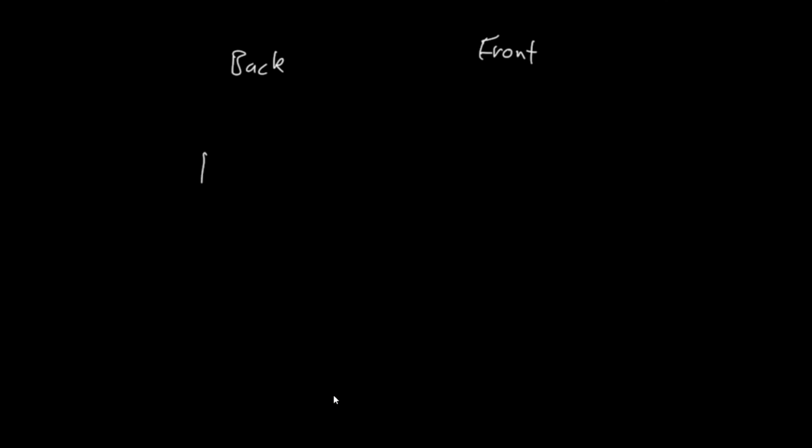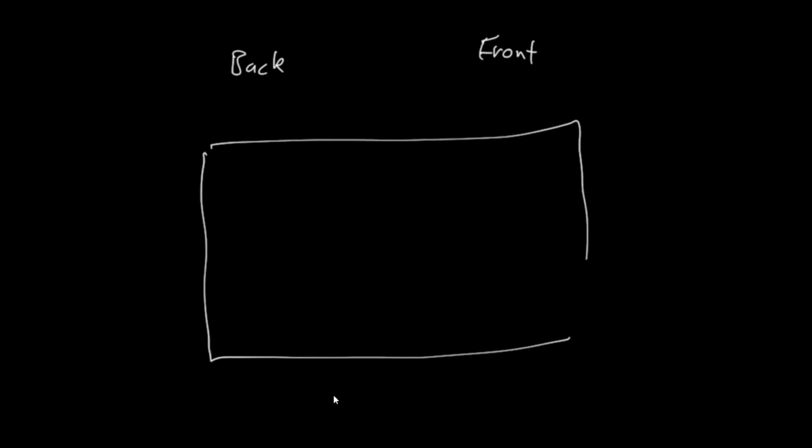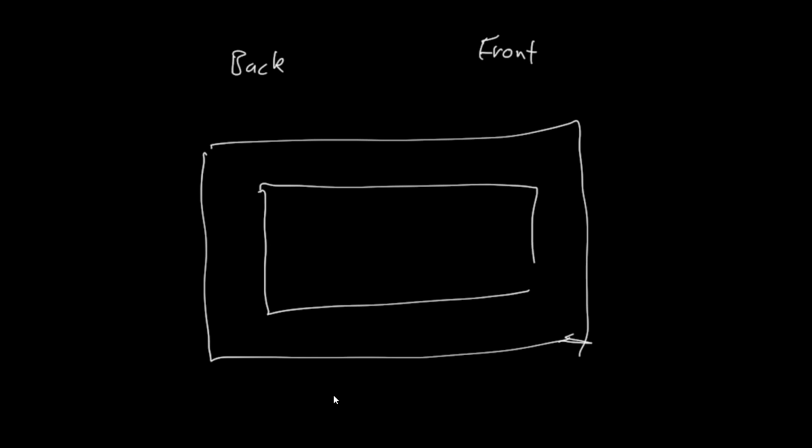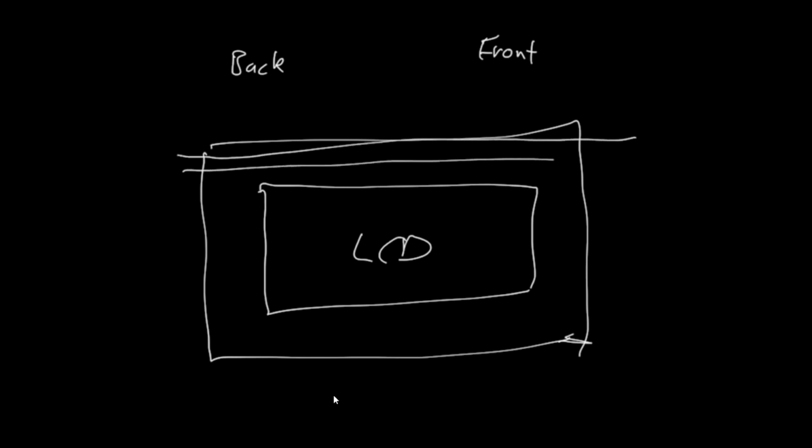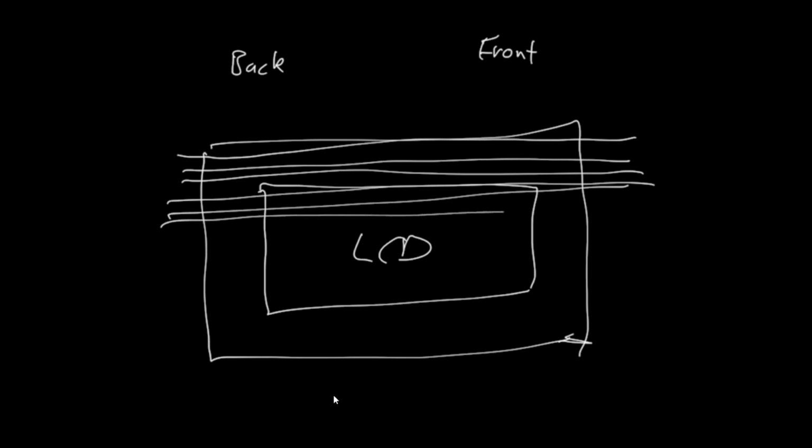If we have a look at the actual information that's being sent, we imagine this inside box is our LCD screen. And then what the DSI is going to be doing is sending streams of data going across horizontally. So basically scan lines, like so, and then sending each pixel value as it goes.